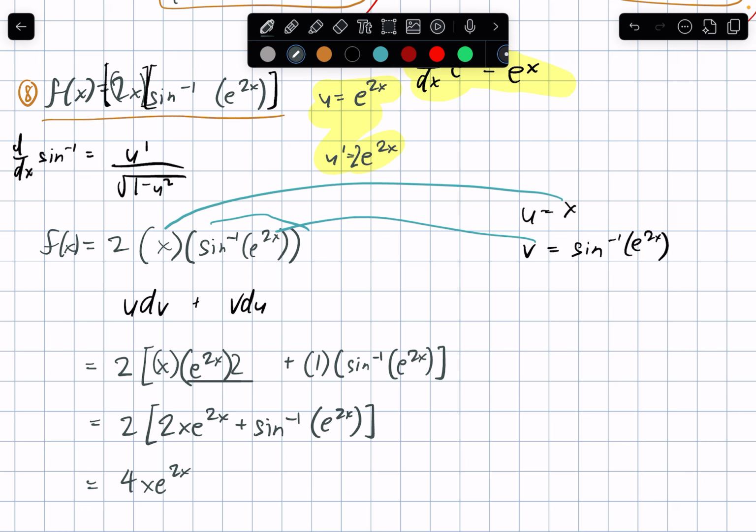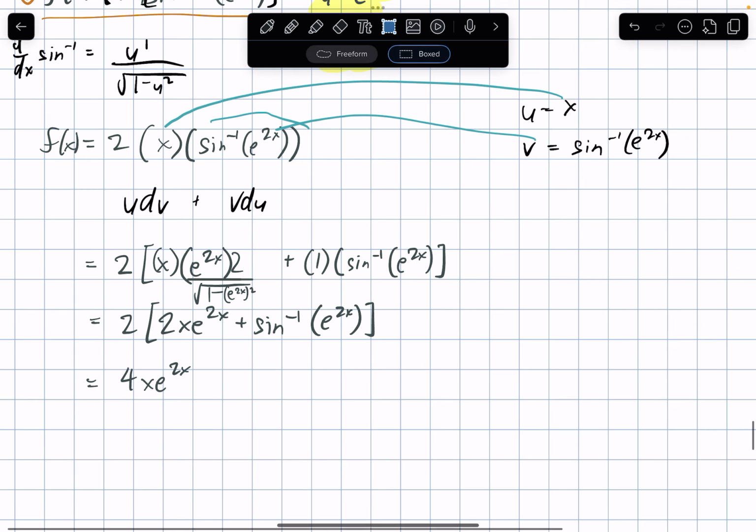Well, yeah, so that's that divided by the square root of 1 minus u squared. U squared is that. Okay?